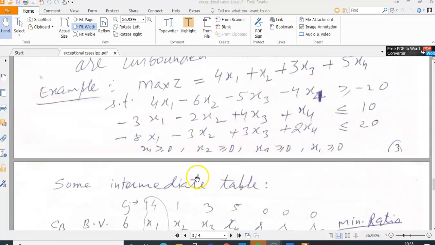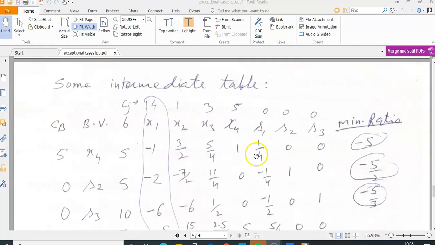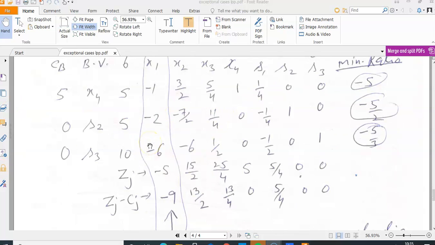The indication for that is if all the values in the entering column are negative or zeros. For example, consider this LPP, with one constraint of greater than equal to type and another of less than equal to type. If we solve this, during some intermediate simplex table we find this.